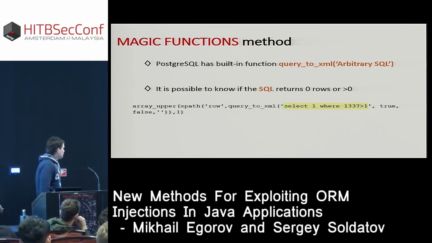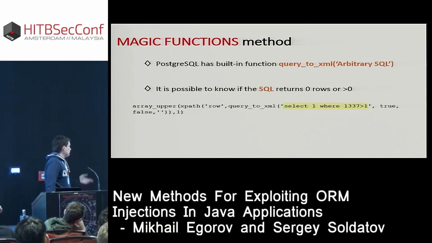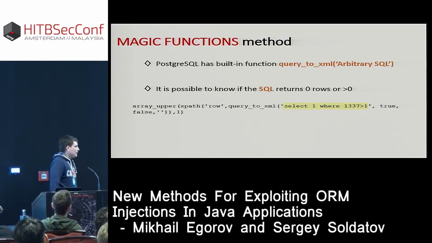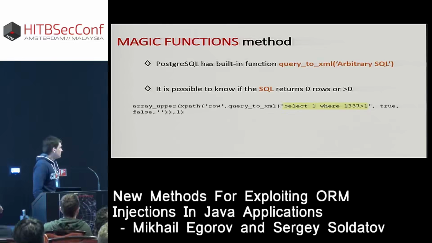That is why we need to surround it with additional XPath and array_upper function calls. So if we use the following expression shown on the bottom of the slide in an HQL query, we can find out whether the SQL query marked yellow returns 0 or more rows.